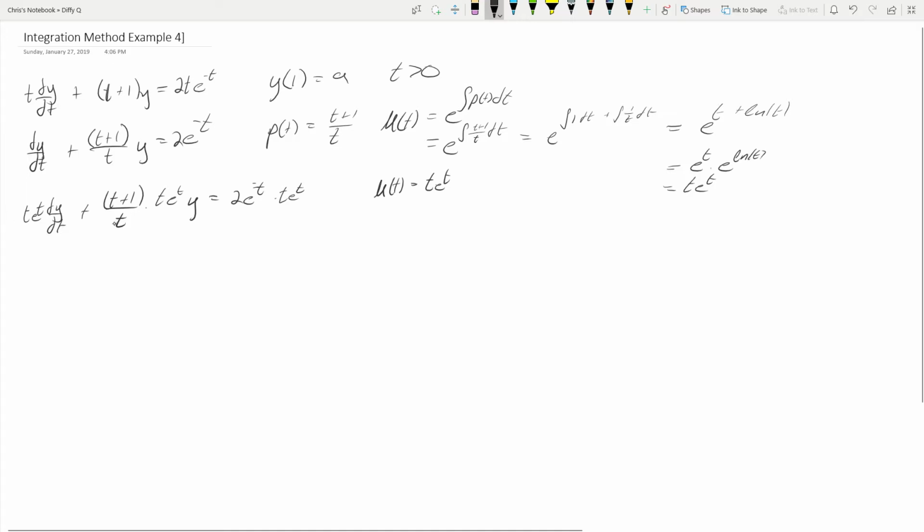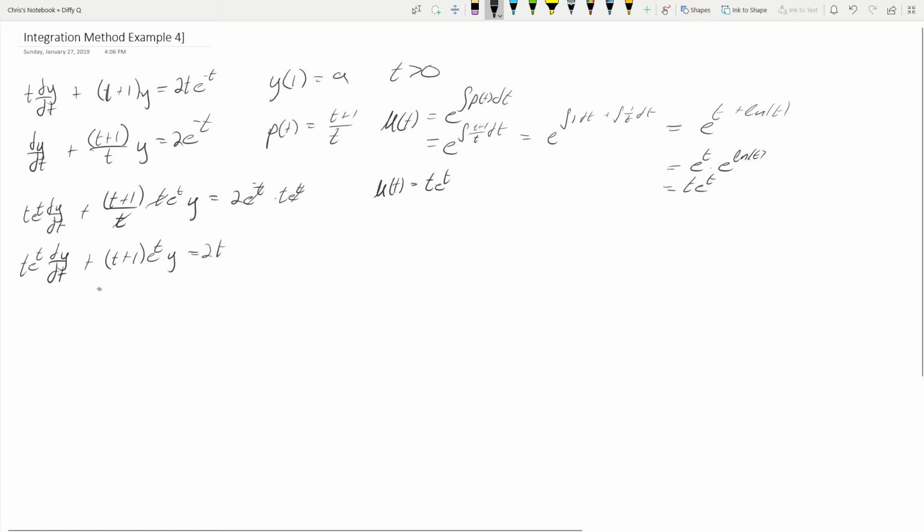So over here, these t's are going to cancel out. This e to the negative t times e to the t is going to equal 1. So we have t e to the t dy/dt plus (t plus 1) times e to the t y is equal to 2t.